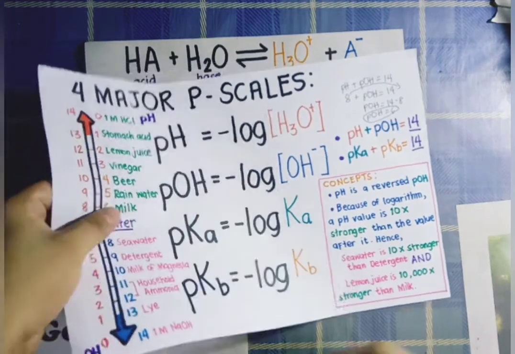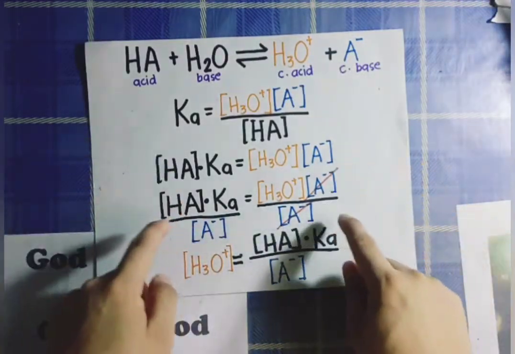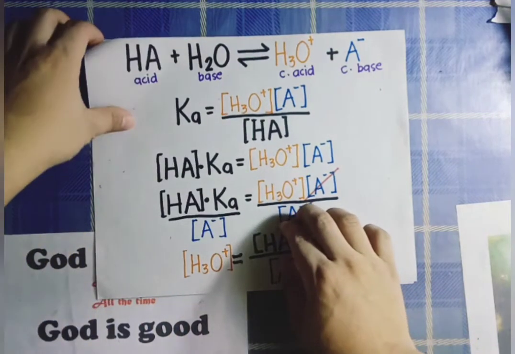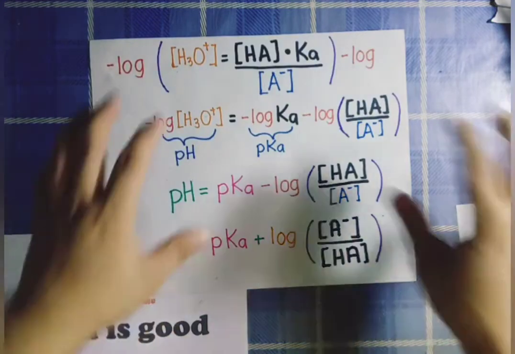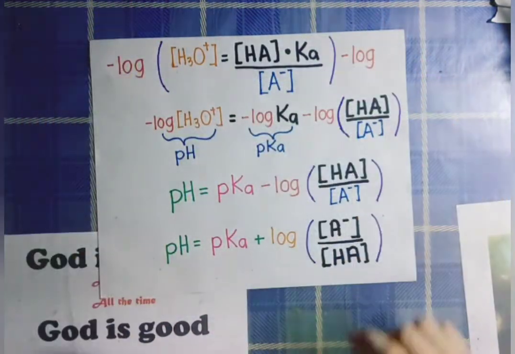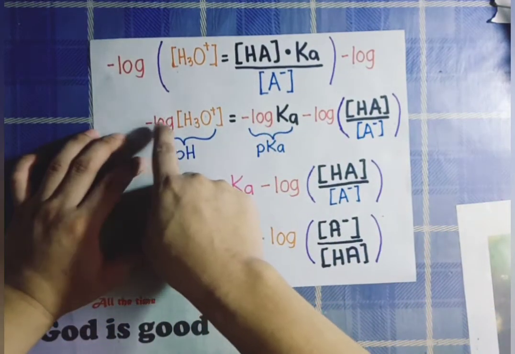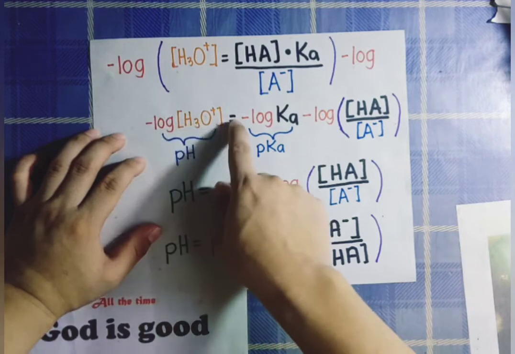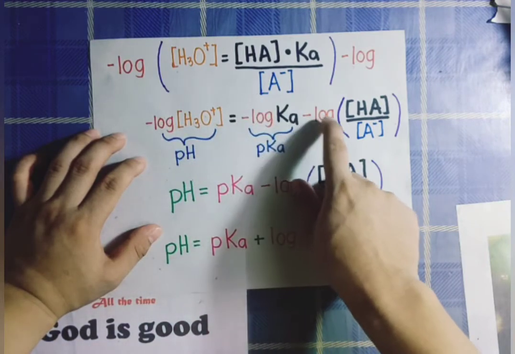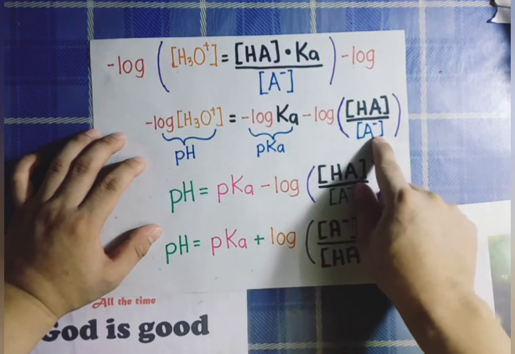Or we can actually continue our derivation and multiply both sides of this equation by negative logarithm, and we will have this equation. By distribution, we will have negative logarithm of hydronium ion is equal to negative logarithm of the dissociation constant for acid minus the logarithm of the ratio of the parent acid over the conjugate base.